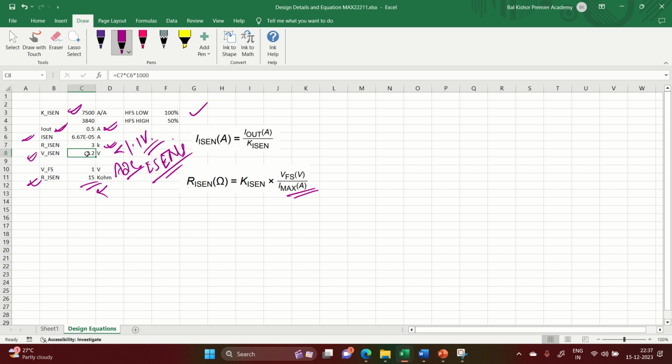So if 0.2 volt is measured by the microcontroller, then you can understand that the output current through the motor driver, or the half bridge, is 0.5 ampere. If voltage is 0.4, then it is 1 ampere. If it is 1.5 ampere, then the voltage observed would be 0.6 volt. So this is how it will be measured.